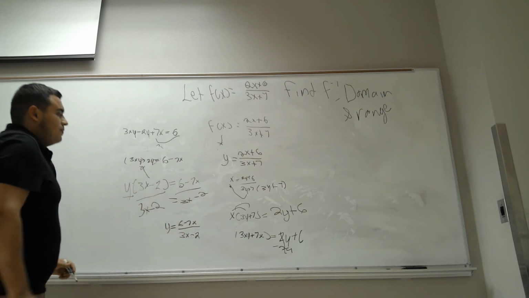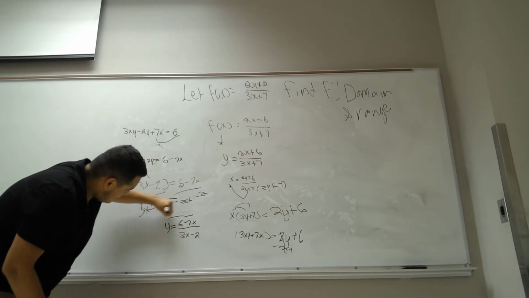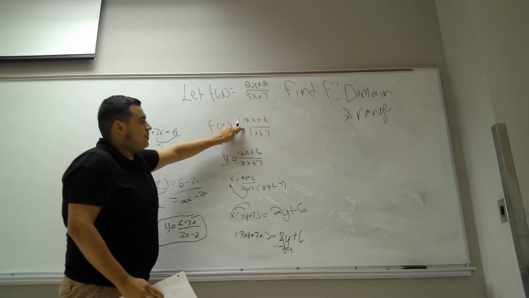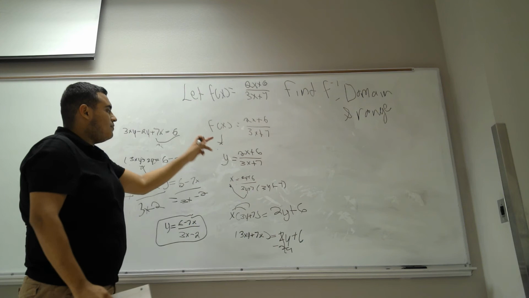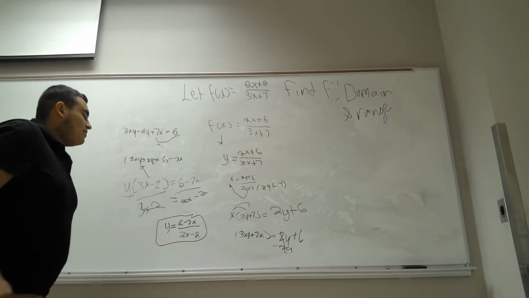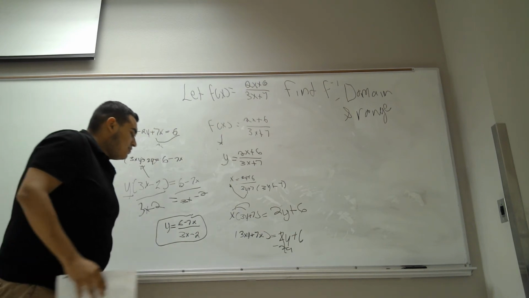And this is the inverse of this fraction over here. So the inverse of that function is y equals (6 minus 7x) over (3x minus 2).